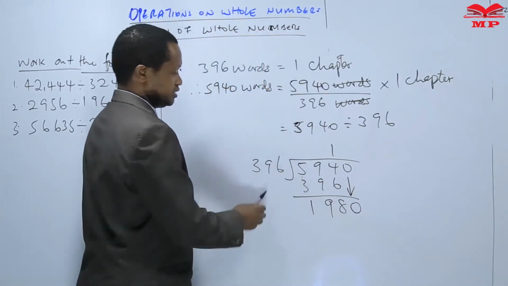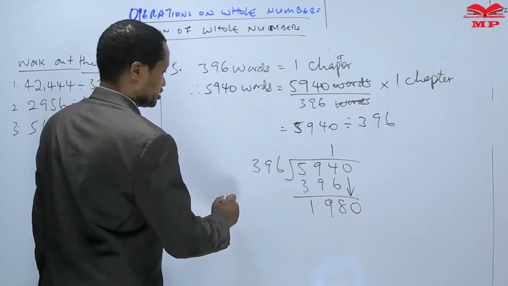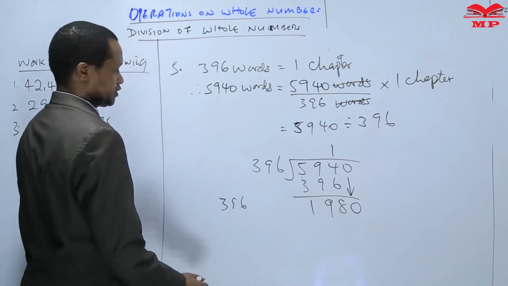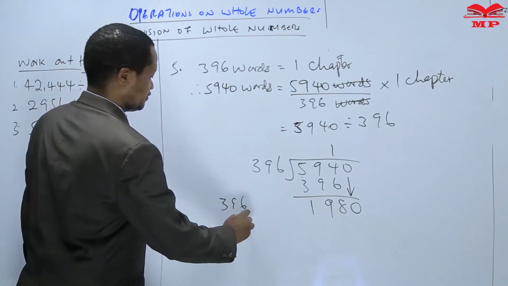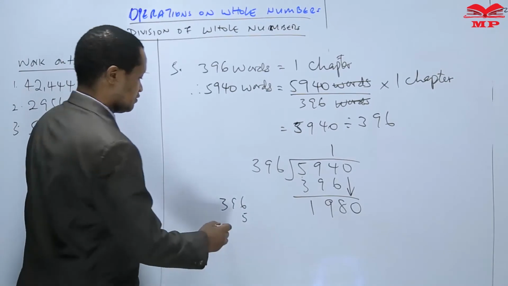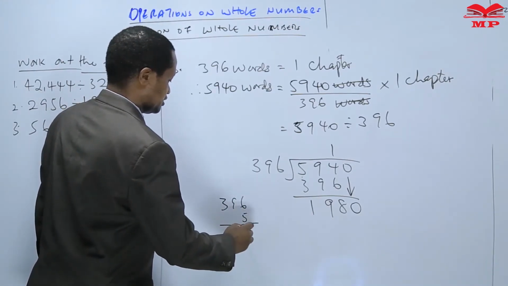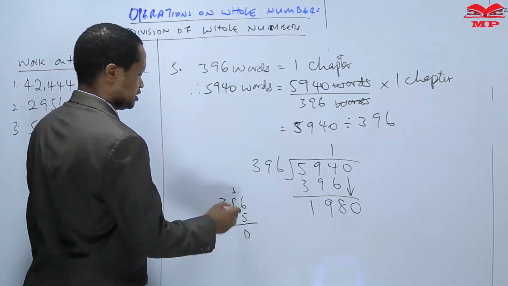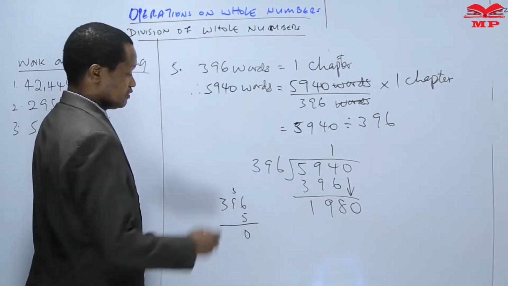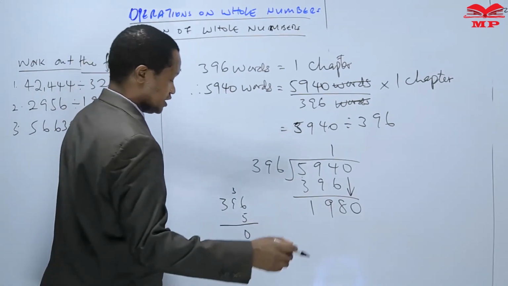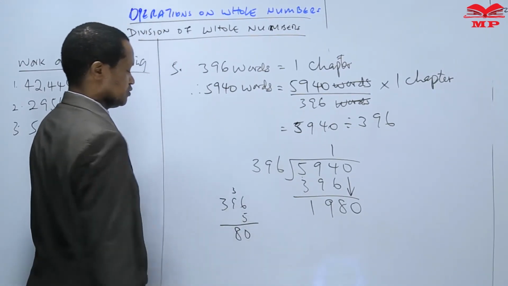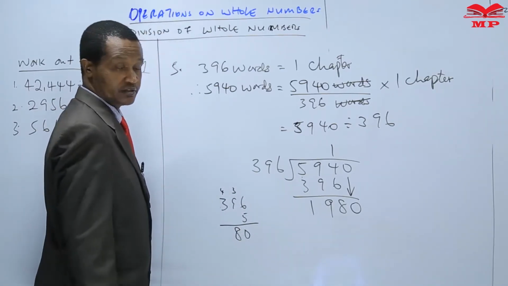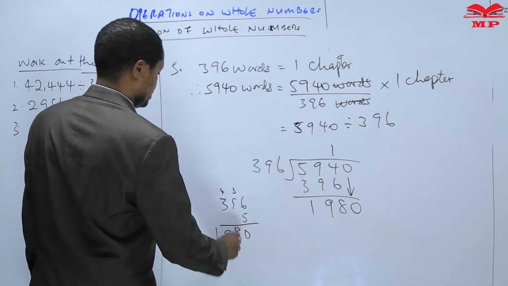So that we have 1980. 396 goes into 1980 how many times? You can try 5. Okay, 5 times 6, 30, write 0, carry 3. 9 times 5, 45, plus 3, 48, write 8, carry 4. 3 times 5, 15, plus 4, 19.